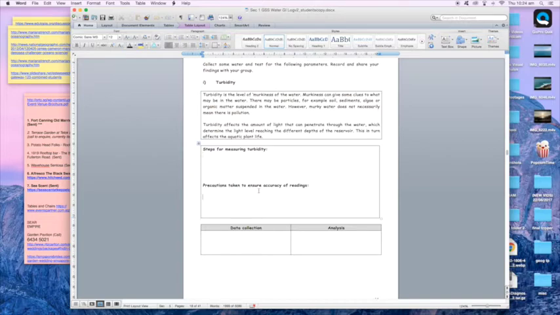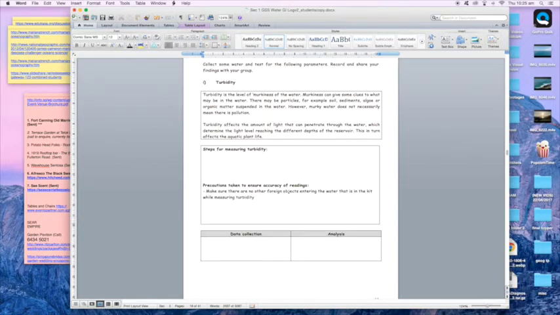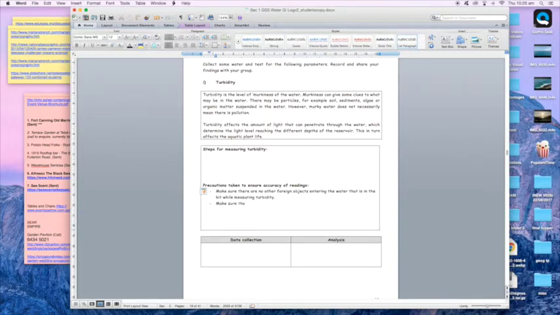So for precaution, for example, you want to say make sure that when you collect water there are no other elements added onto the water, or make sure that the water was not mixed with other liquid, because this will affect turbidity, because turbidity is the measure of murkiness of the water.